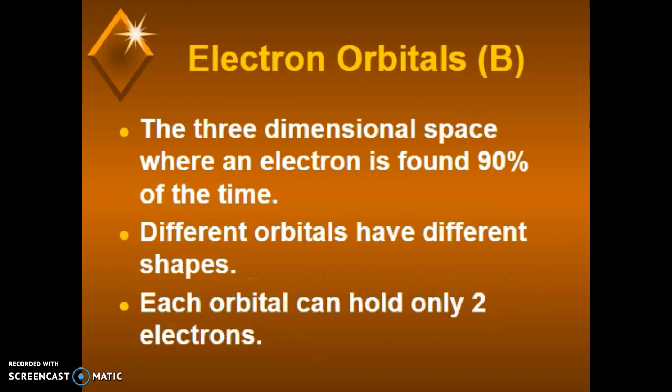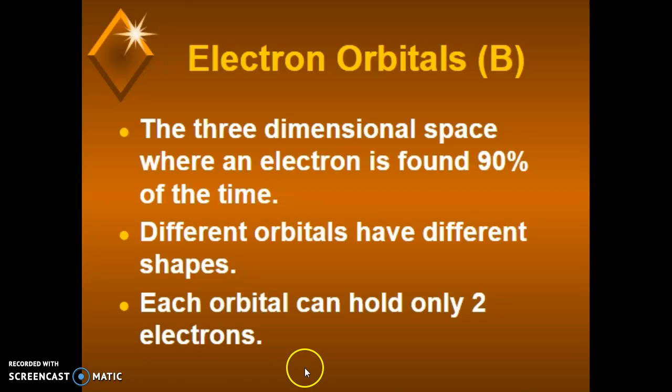Like I mentioned a few minutes ago, it's not as nice and neat as it was drawn in that picture. Electrons are 3D, so it's tough to draw them in a 2D environment. The different orbitals have different shapes, mostly due to negative repulsion. You've got 2 negatively charged electrons. They're going to push away from each other. It's going to cause them to travel in kind of some funky shapes.